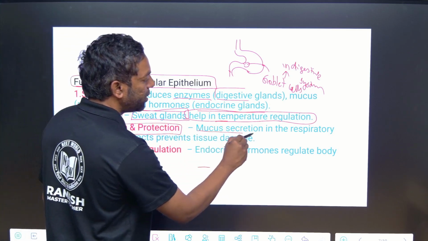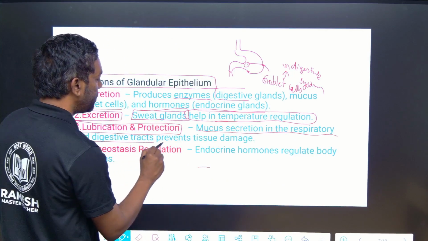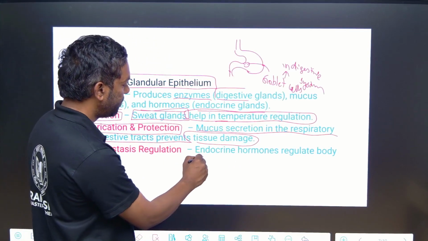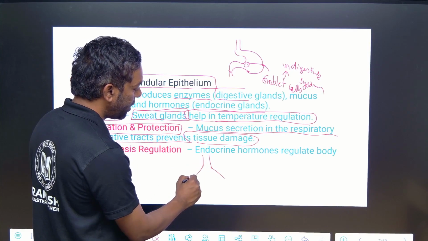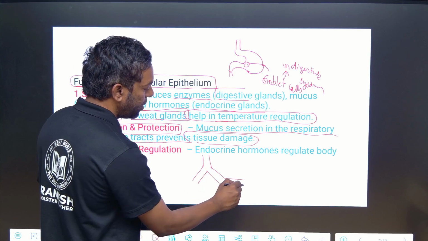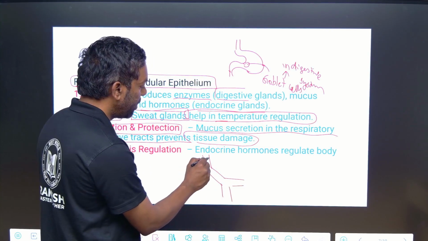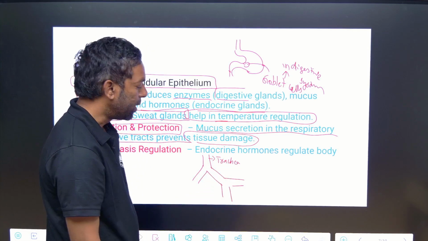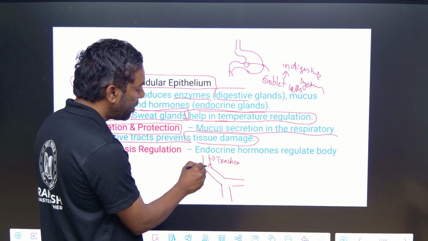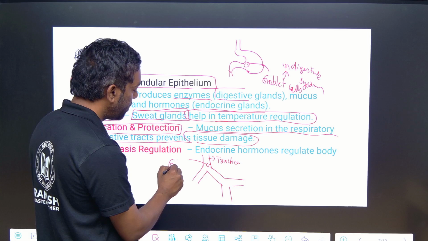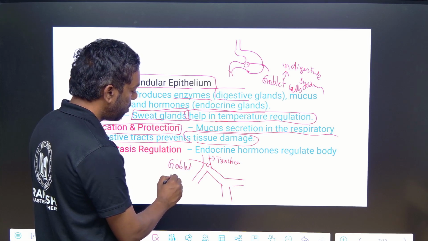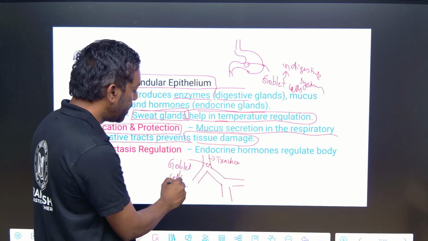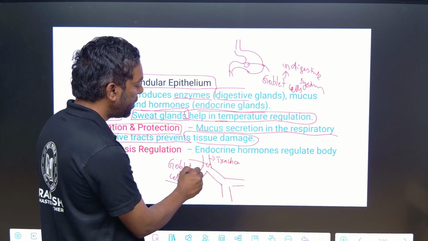Mucus secretion in the respiratory and digestive tract prevents damage. This is the respiratory tract, the trachea. Single cells turn into goblet cells, which give lubrication in the trachea.